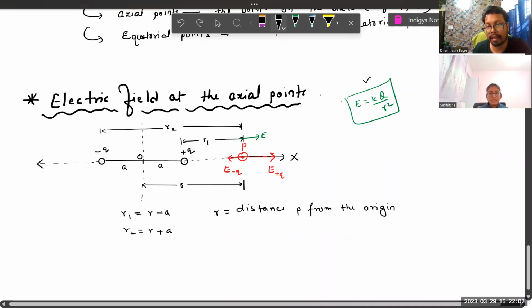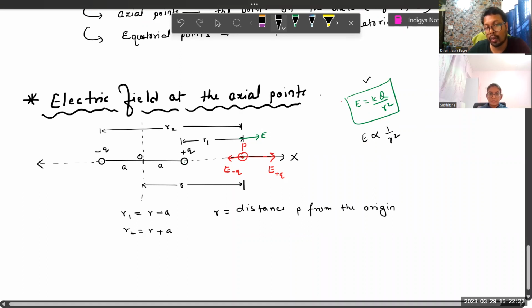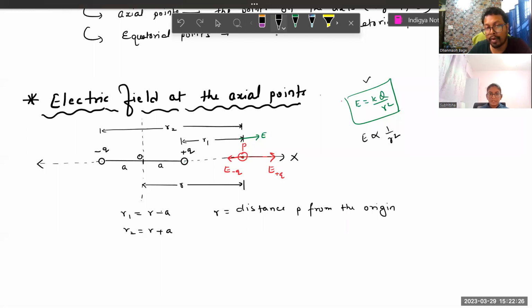Is that clear? No, I just don't understand how the plus Q electric field is greater. Okay, just see that point P is closer to plus Q, right? Electric field is inversely proportional to the square of the distance. The closer it is, the stronger it will be. Point P is closer to plus Q charge.